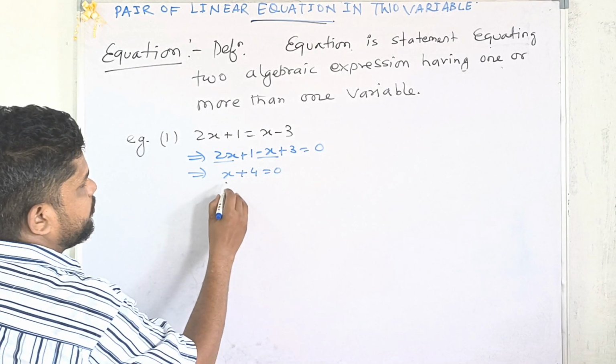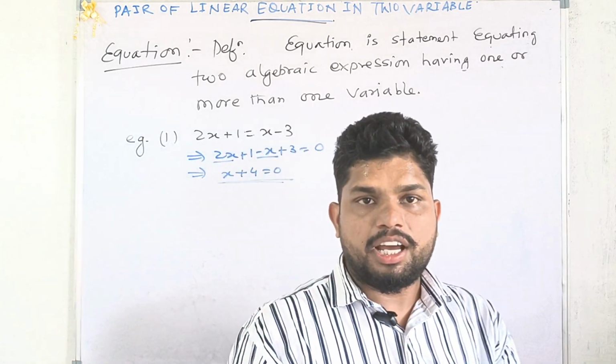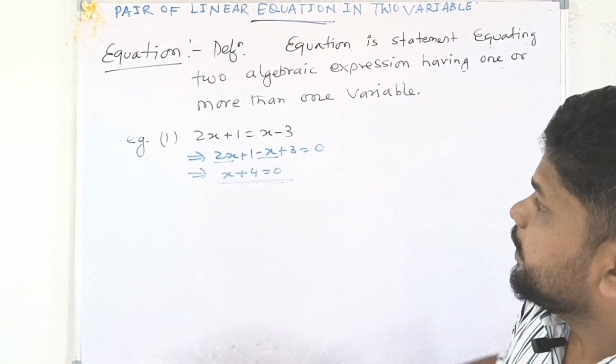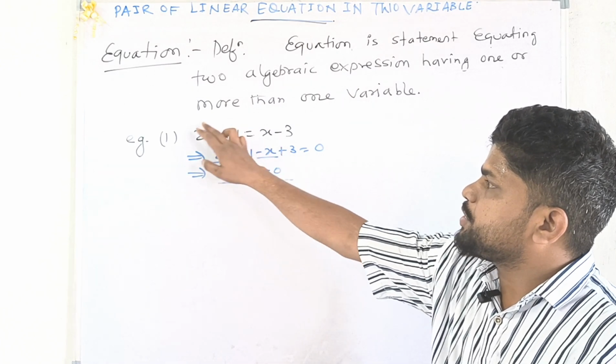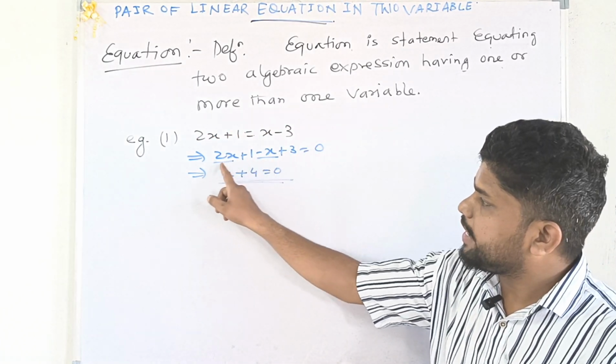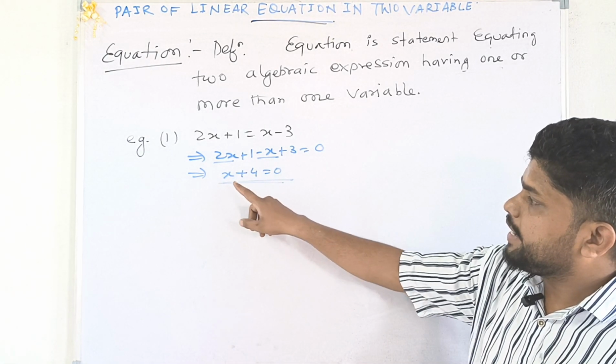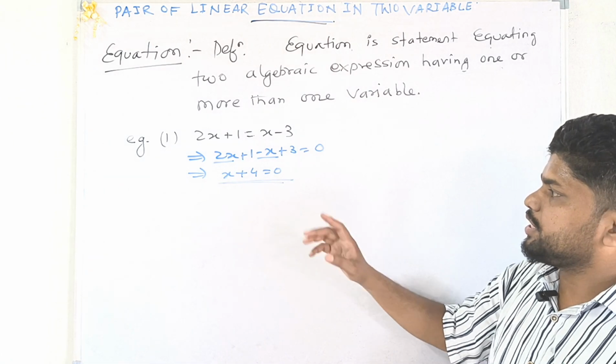So here the final statement is also known to be an equation. Are you getting my points? Here we have equated two algebraic expressions, and on solving them we have got this final statement, which is said to be an equation. Okay, x plus 4 is an equation.